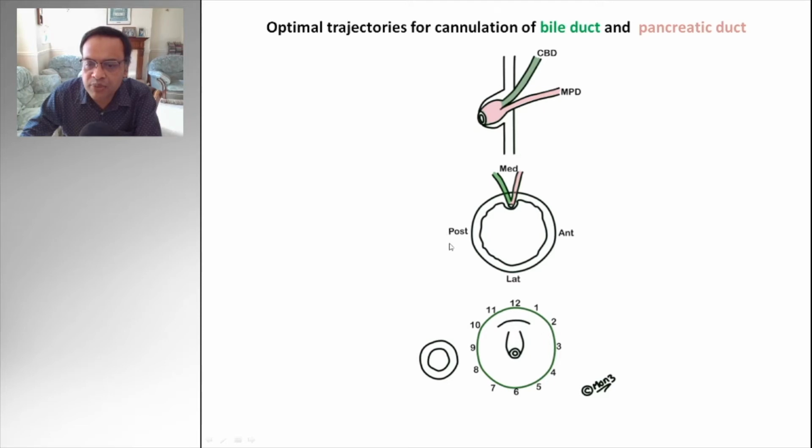The middle diagram is a transverse section through the duodenum with the anterior duodenal wall on our right, the posterior wall on our left, the medial wall at 12 o'clock and the lateral wall at 6 o'clock. And again, the common bile duct is in green and the pancreatic duct is in pink. The lower diagram shows the papilla as we would see it at ERCP, with a clock face drawn around it, and the papillary orifice is magnified on the left.